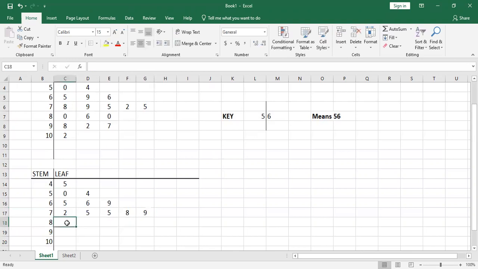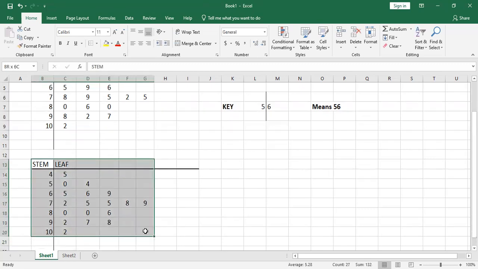Under the 8, we've got 0, 0, and 6 there. Under the 9s, we've got 2, followed by 7, and then 8 in order. Under the 10s, we only have 1, 1, 0, 2. So now this qualifies to be my stem and leaf plot.